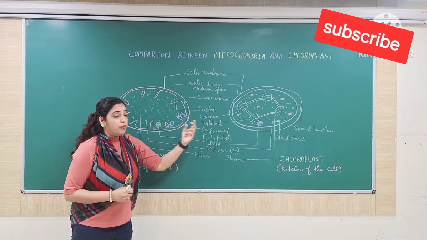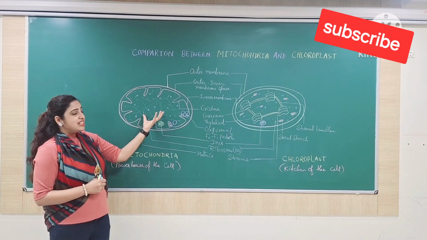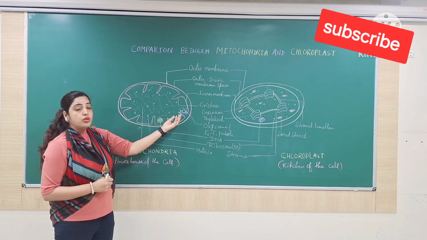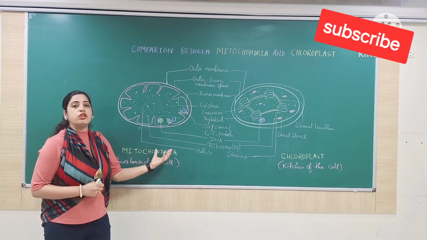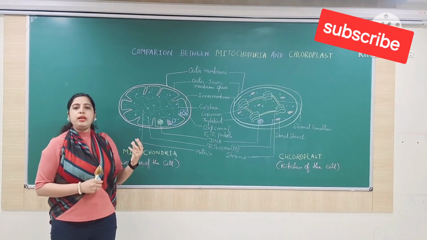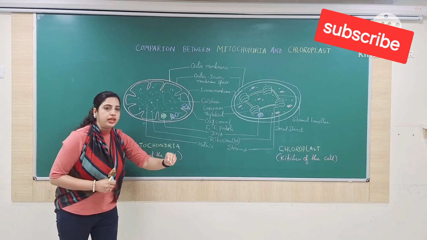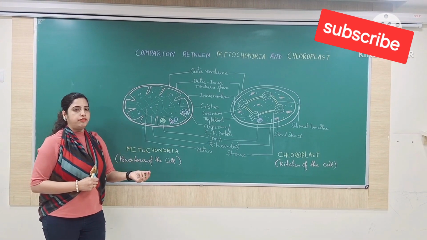Now, one functional difference between both of them is that this generates ATP in the oxysome particle by the process of oxidative phosphorylation. What is phosphorylation? The ATP forms by the process of addition of inorganic phosphate to ADP, adenosine diphosphate.